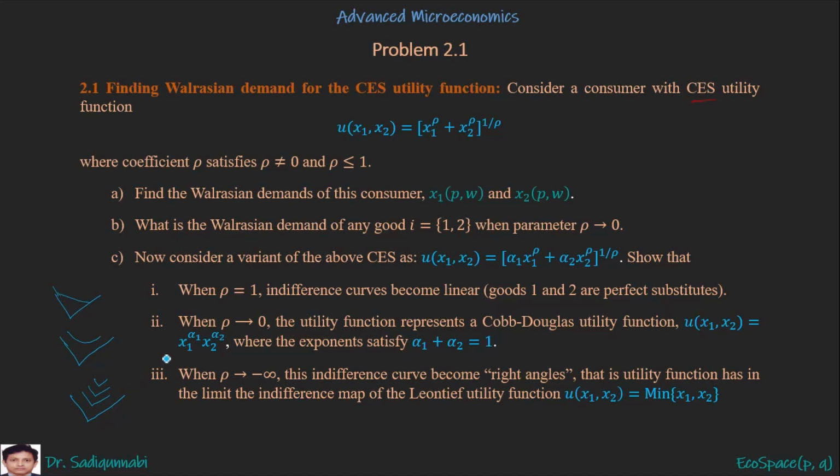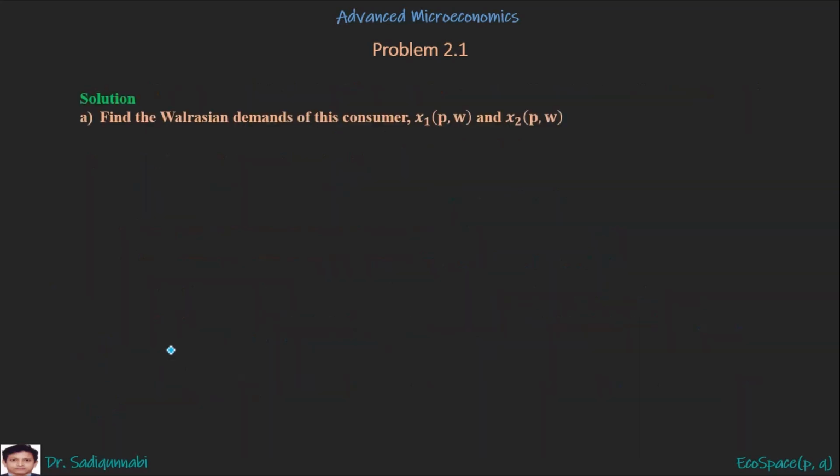Now let's move to the solution. First question is find the Walrasian demands x1 and x2. So first build a Lagrangian for the UMP.